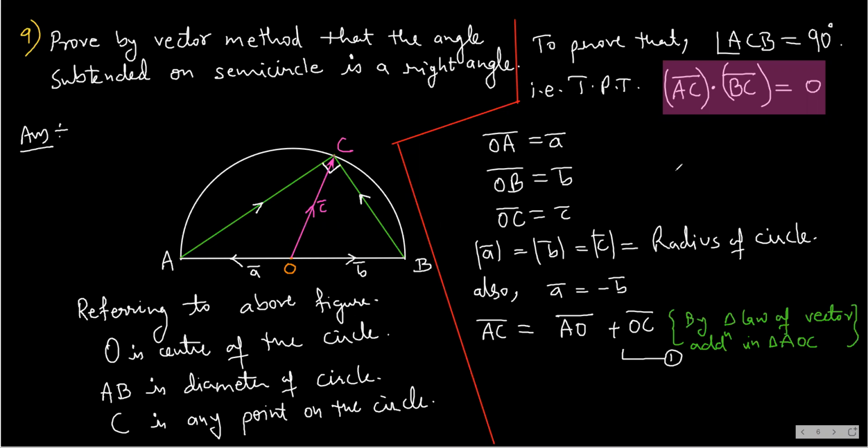The next you want is BC bar. BC bar is BO bar plus OC bar.